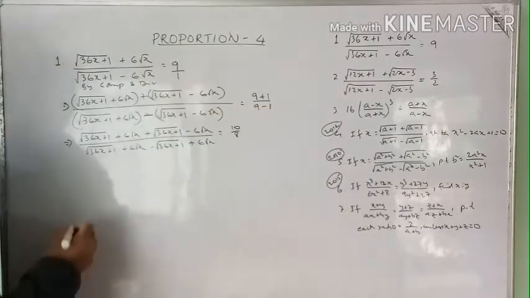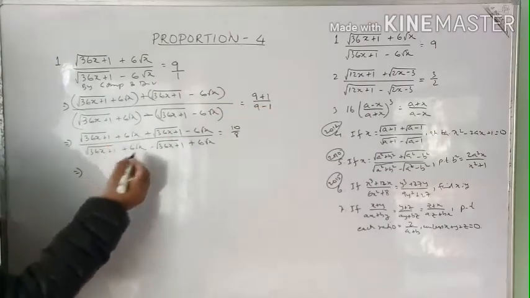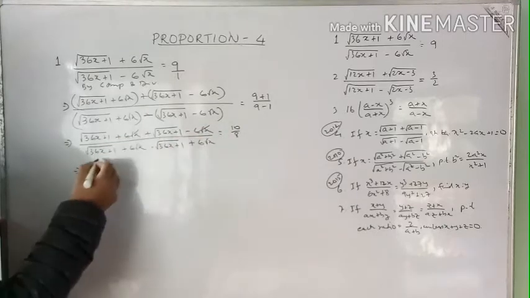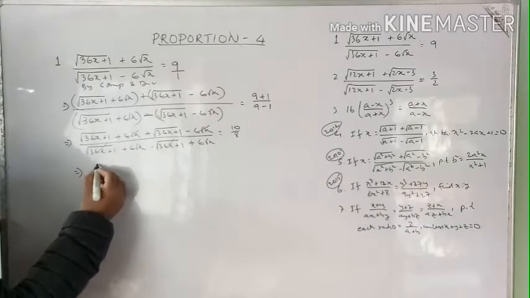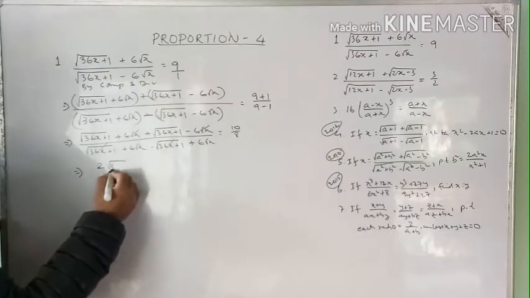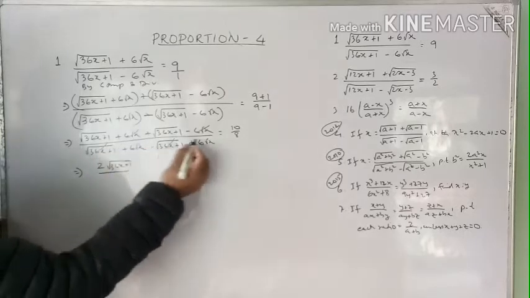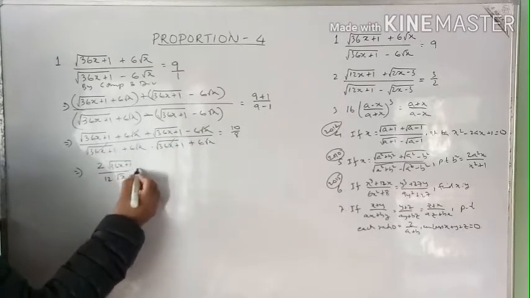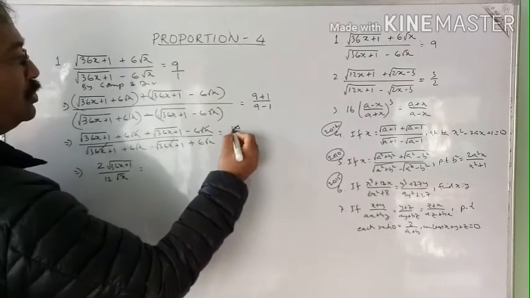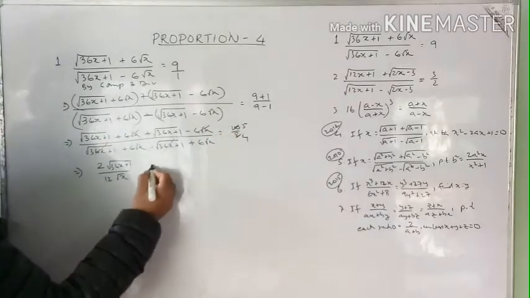Now the negative and positive terms cancel, so you get 2√(36x+1) over 6 plus 6 is 12√x, equal to, cancelling by 2, 5 by 4.